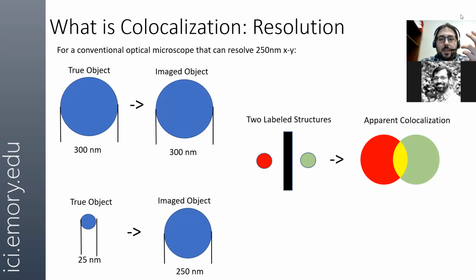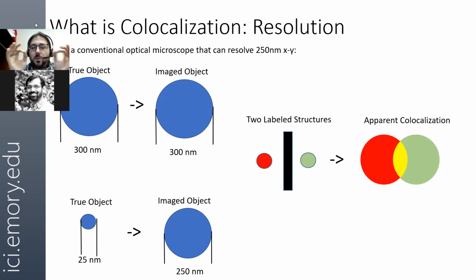The example I'm showing here is if we had two very, very small, let's say 25 nanometer objects that we've labeled, and we want to prove that they interact with each other, we reach a limit to the utility of co-localization because those two very small objects will appear much larger when we capture that image.